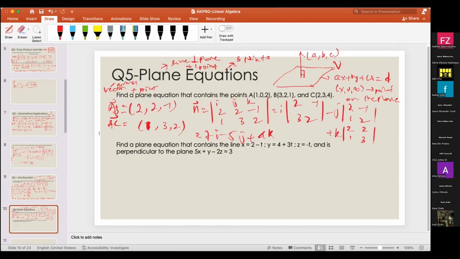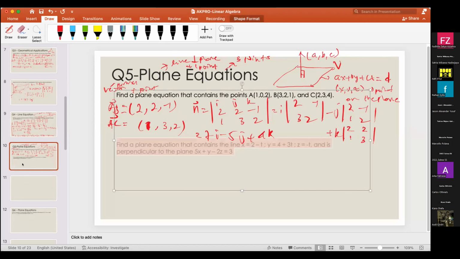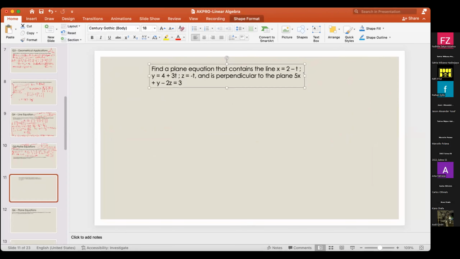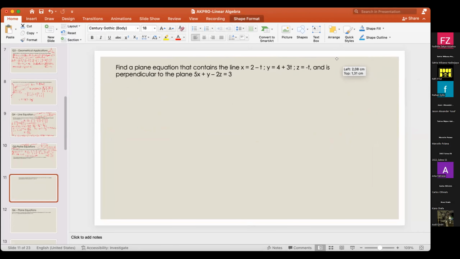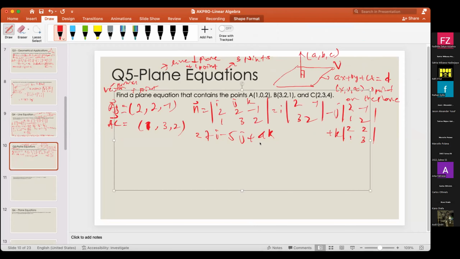And so this is our normal vector. Okay, so let me just create more space for a while. Okay, so this will be the normal vector of the plane.